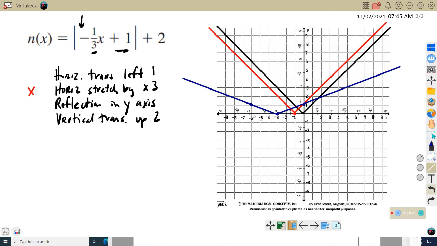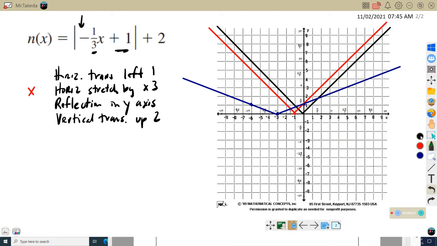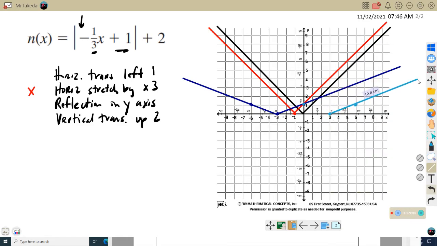Anything that's a negative becomes a positive. So -3 on the graph becomes +3, -6 on the graph becomes +6, and 0 stays 0. So now this graph looks like this.